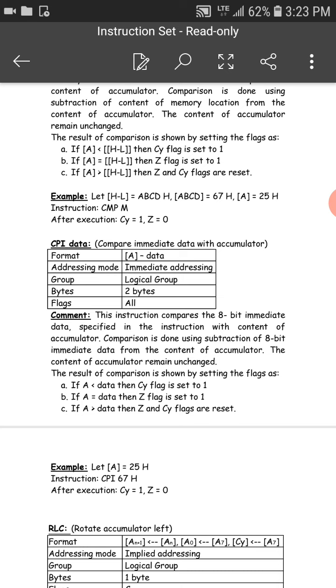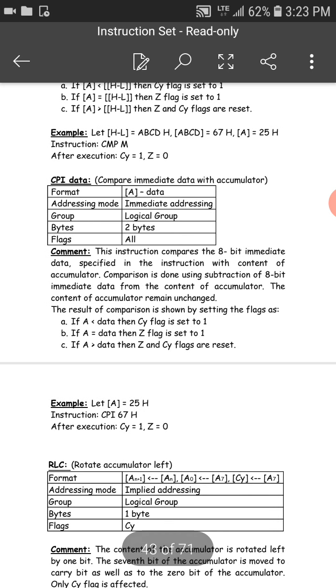So see here, your carry flag is set because your accumulator content is less than HL. 67 and 25, compare both of these so you can understand. So your carry flag is set, understand. So your CY is 1 and Z is 0, meaning reset.